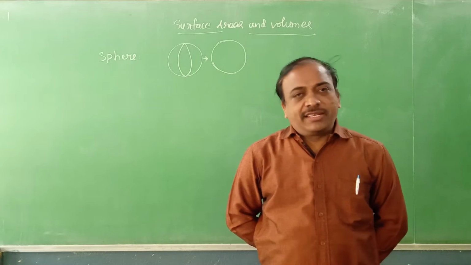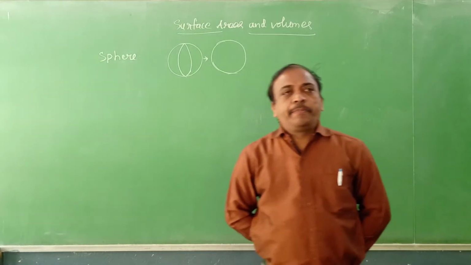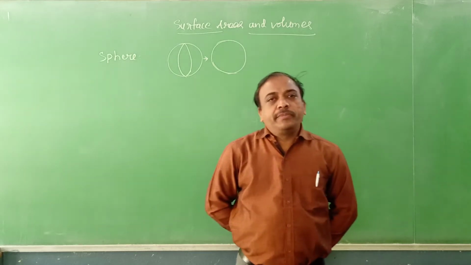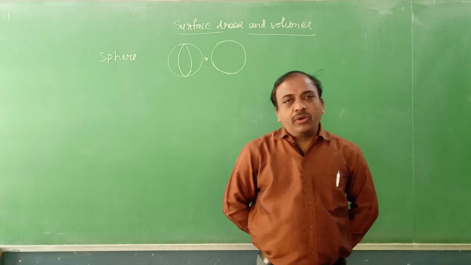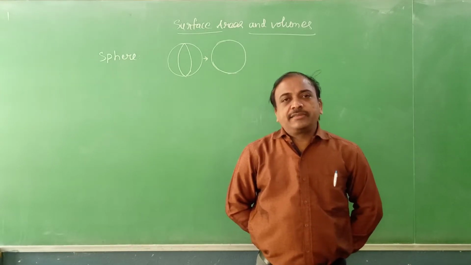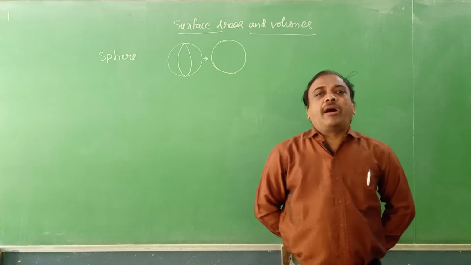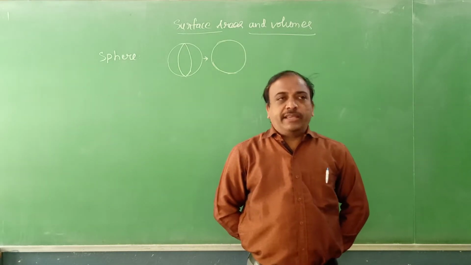Till now we have discussed surface area and volumes, that is cube, cuboid, cylinder and cone, their surface areas, that is, it may be CSA or lateral surface area or total surface area.